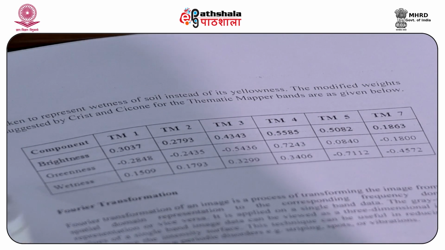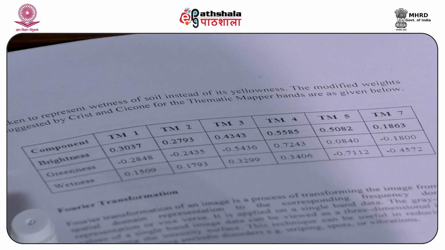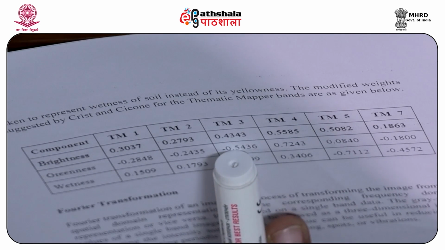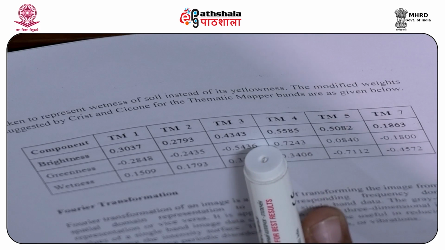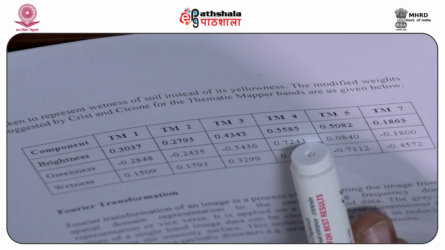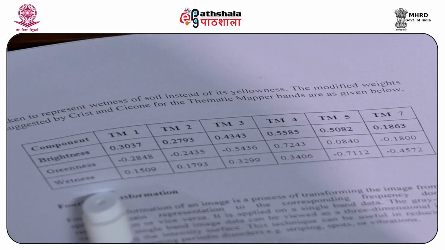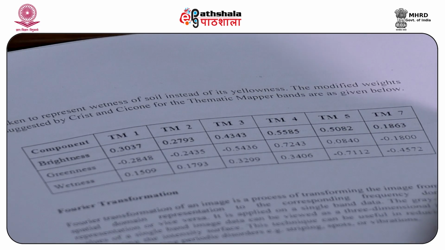For brightness, as you can see here, the weights are 0.3037, 0.2793, 0.4343, 0.5585 and so on. And similarly the weights of greenness and wetness are given, which can be related to find out different stages of the crop.